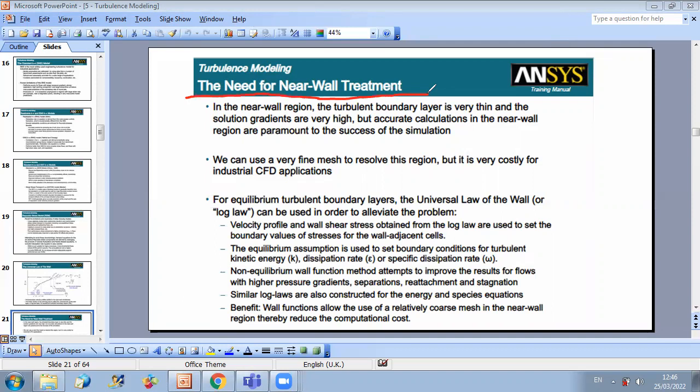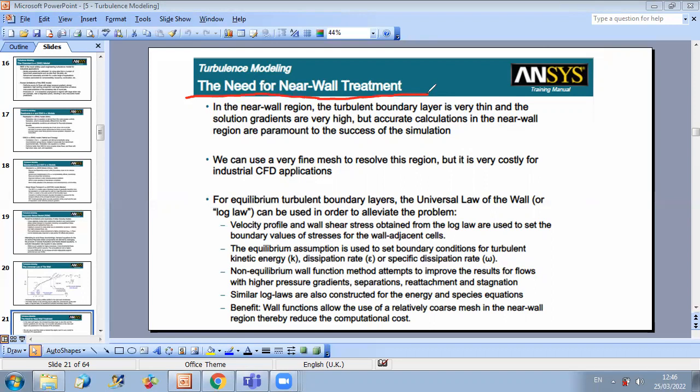When we say to resolve, it means to have enough elements in this region to be able to capture the different physics taking place. Because it's challenging and adds a lot of computational time, plus we have the problem of transition of size from the wall to the region after, it's important to implement these empirical relations in CFD in order to have an idea about what is happening near the wall without having to increase the computational time a lot.